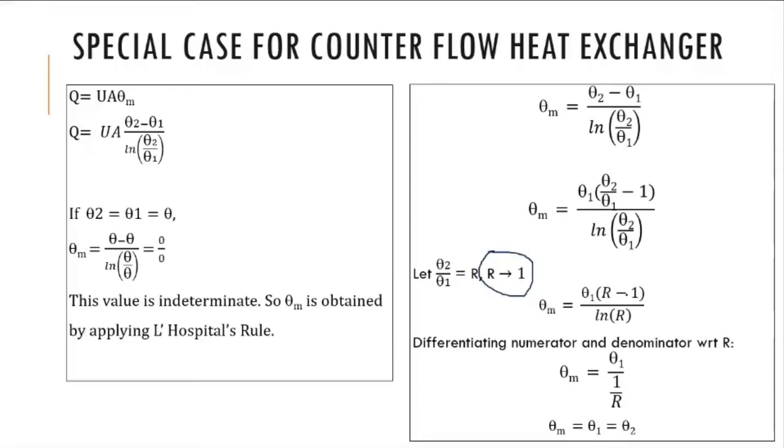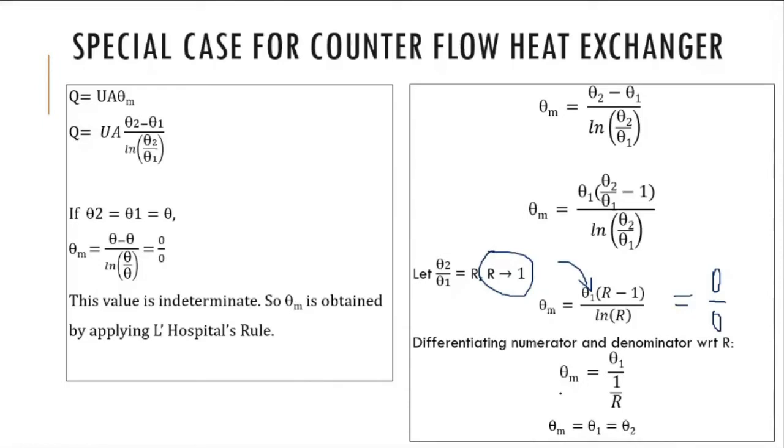So if r is tending to 1, here this limit will be of the form 0 by 0. Whenever we are getting the form 0 by 0, using L'Hospital's rule, we can differentiate the numerator and the denominator, and we can substitute the limit again. Do we do that? Yes, sir. Okay. So if we will differentiate the numerator side, what do we get?